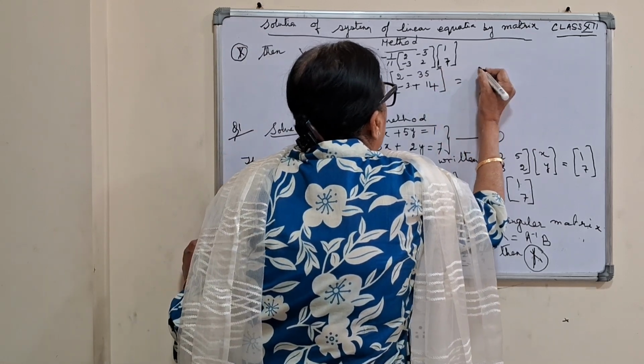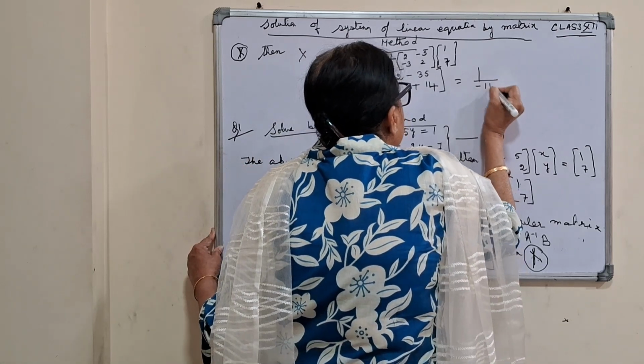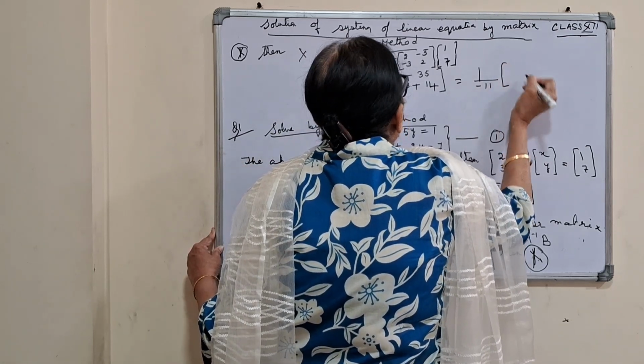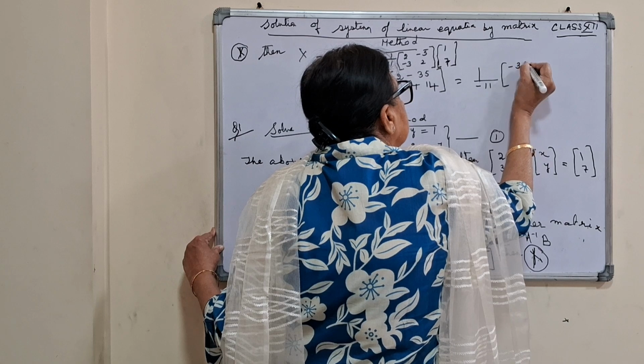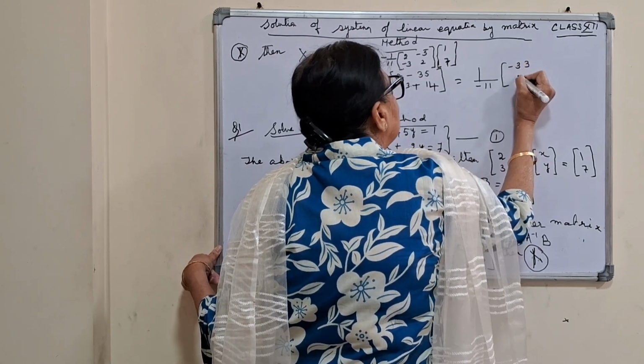That is equal to 1 by minus 11, is minus 33, and minus 11.